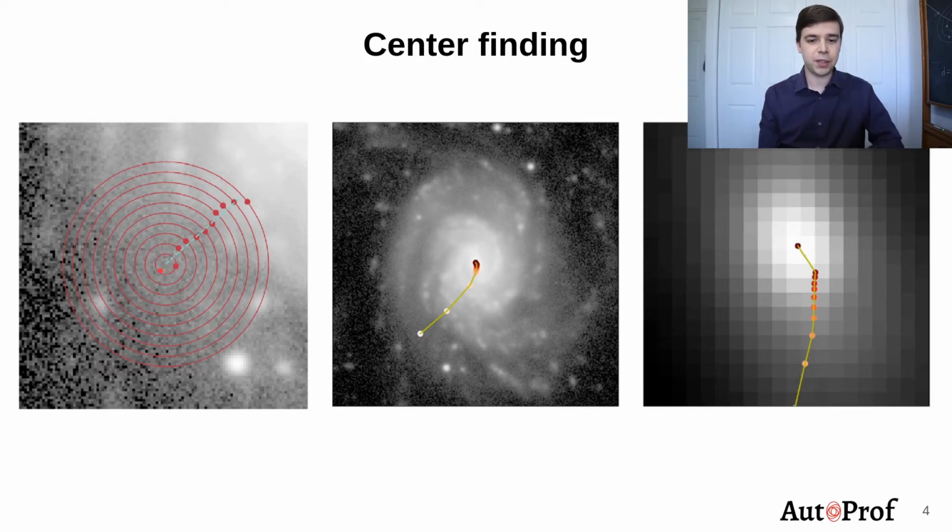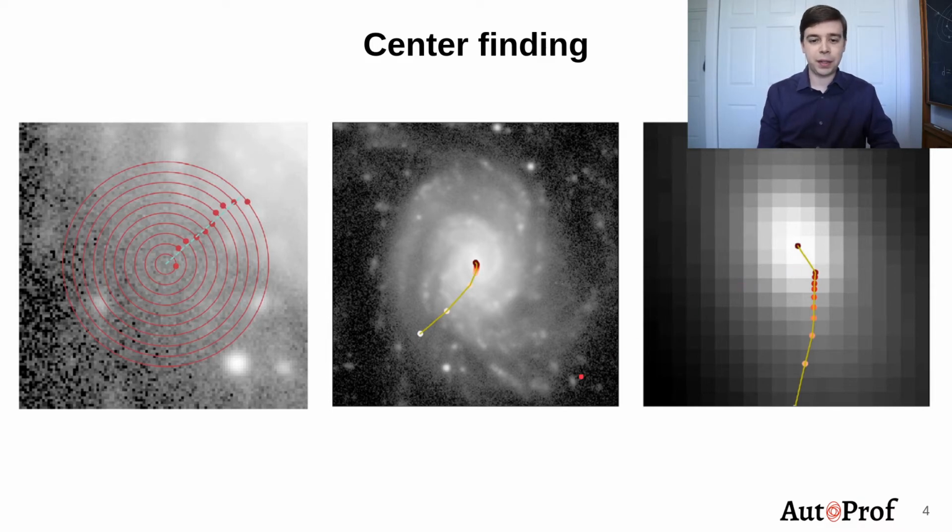So it heads towards the global brightness peak for that galaxy until it gets near the center. Finally, for the last step, it assumes a 2D parabola and tries to fit at the subpixel level in order to get right at the exact center.